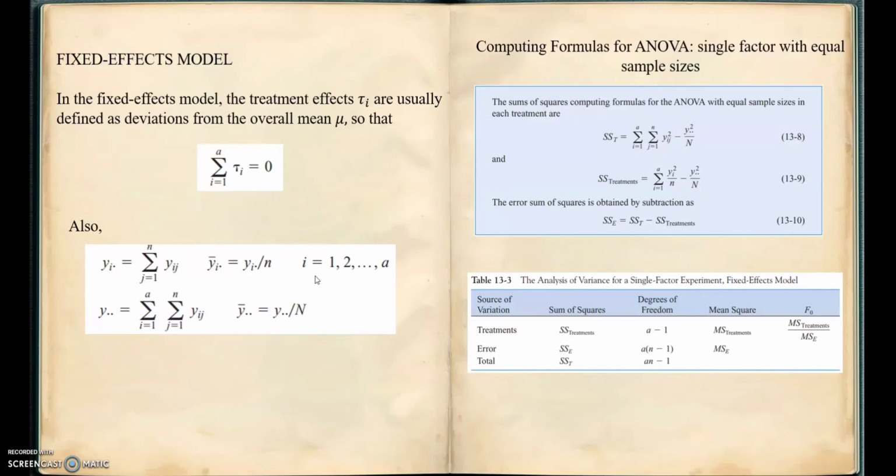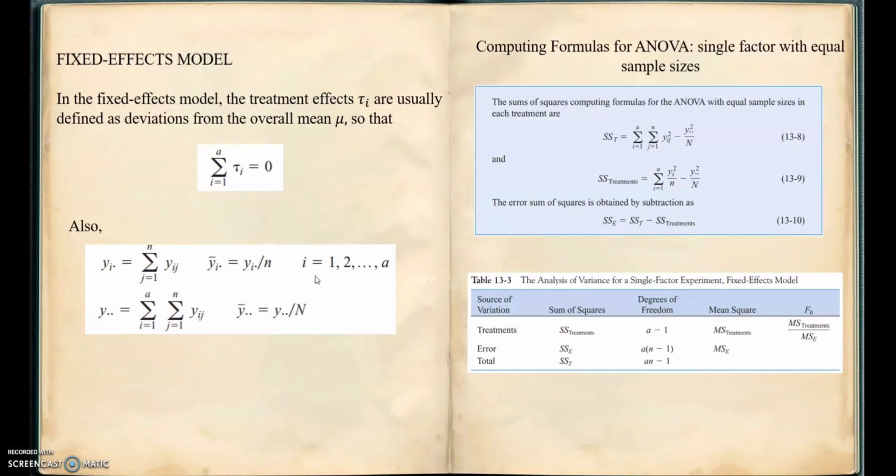Now let's talk about table 13-3, the analysis of variance for a single factor experiment, fixed effects model. Under the source of variation we have treatments, error, and total. Under the sum of squares we have sum of squares treatments, sum of squares error, and sum of squares total.